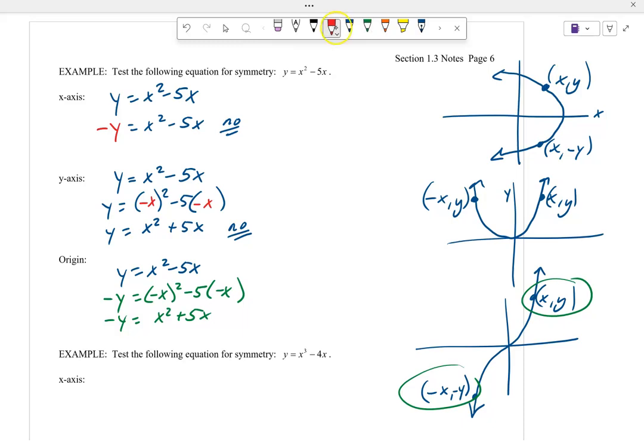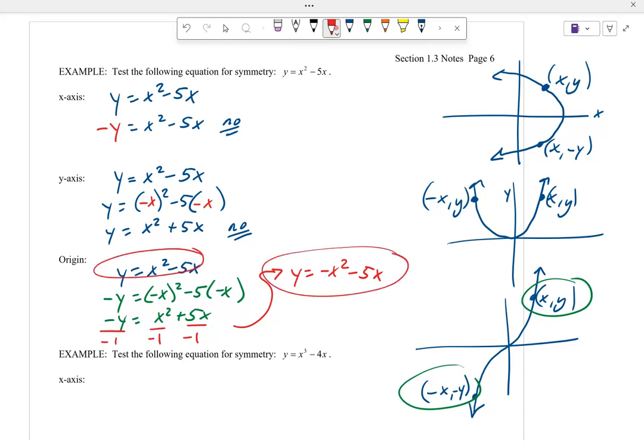Even if we take that negative to the other side, I changed all these signs. See how I'm still different than I started with? I started with y equals x squared minus 5x, but I end up with negative x squared minus 5x. I'm close, but I'm still not there. So there's no symmetry on this one at all.